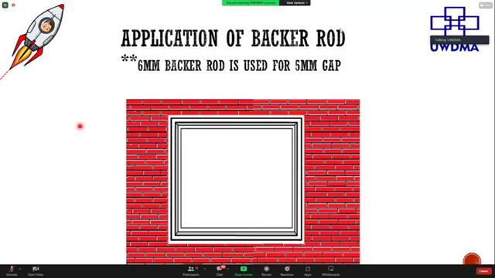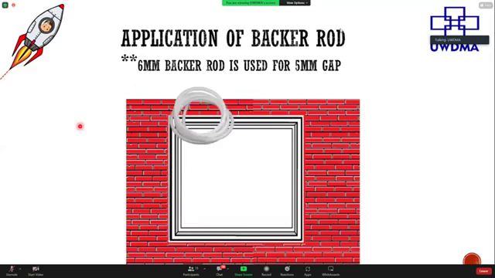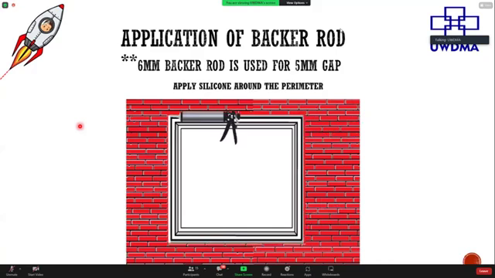First you are inserting the backer rod in the gap between the wall and your window, and then you are applying the silicone on the exterior side and on the interior side, and then you will of course clean it. And backer rod is always used 1 mm greater.